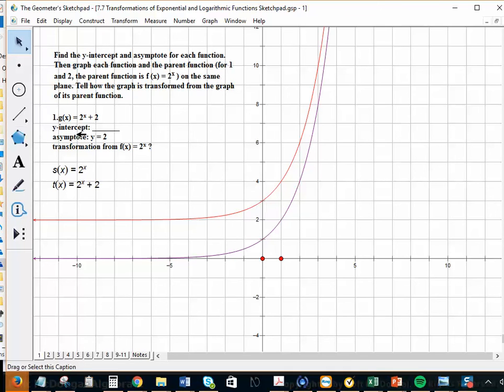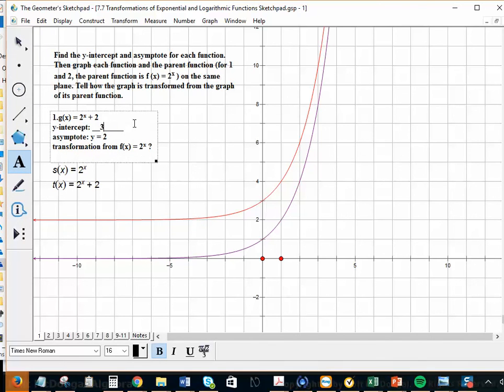All right, where does that cross the y-axis? What is the y-intercept? You can see on the graph that it's 3. You could also put 0 in for x and solve. So 2 to the 0 would be 1. 1 plus 2 is 3. So the y-intercept is 3. The asymptote, I already wrote down, is y equals 2. You can see that it's approaching 2 right here, which is here as well. And also, how has it been transformed from your parent function?